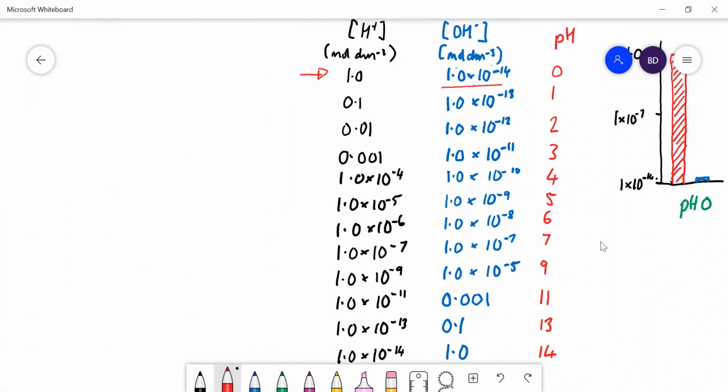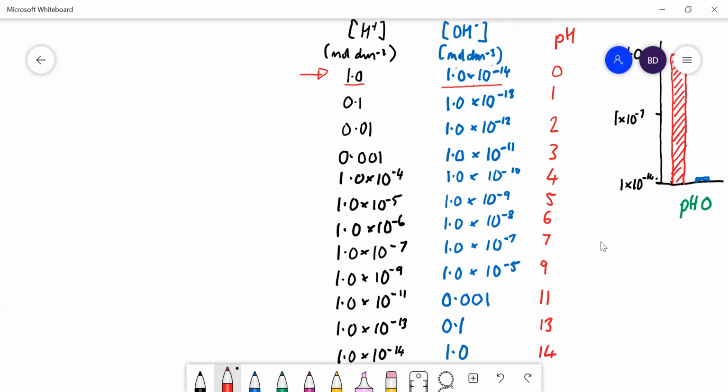And you may be surprised to see that you've got a pH of 0. If you take the minus log of 1, well, the log of 1 is 0, so the minus log of that is 0. So you always thought before you can't have a pH of less than 1. Well, you can have one lower than that. So that would be pH 0.